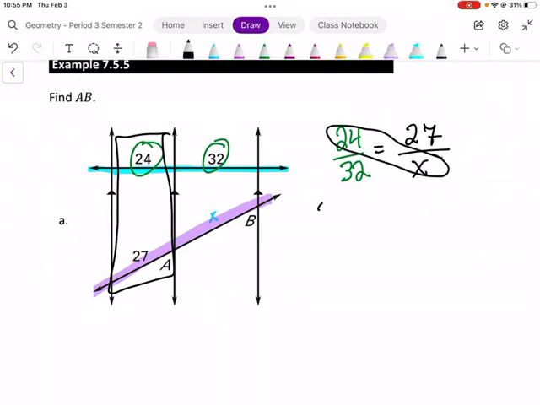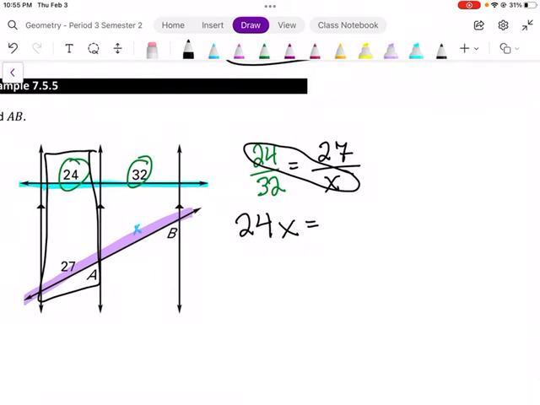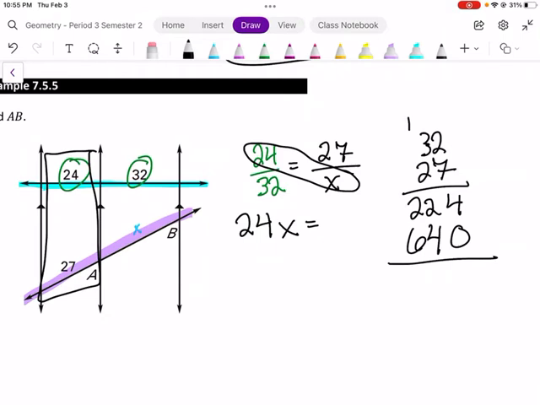Now we can go ahead and cross multiply. And we'll take 32 times 27. Add these together, and we will get 864.